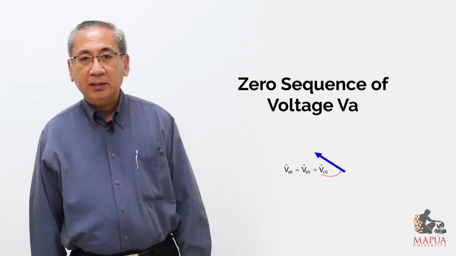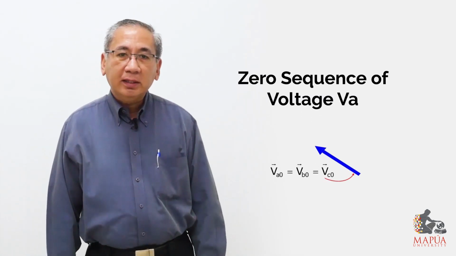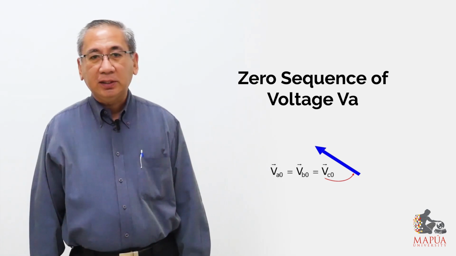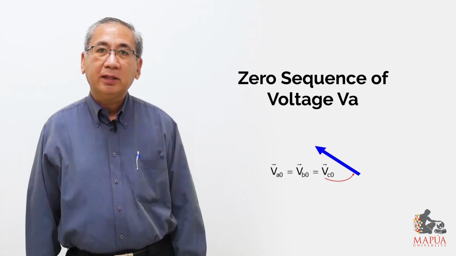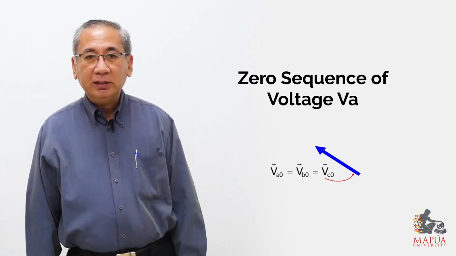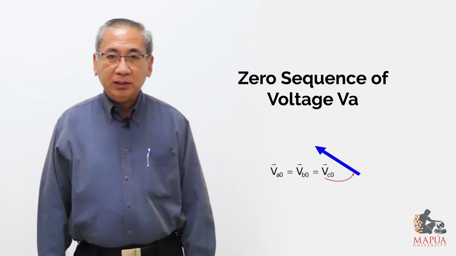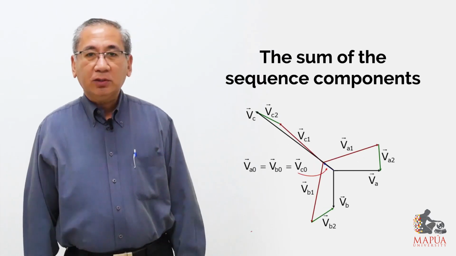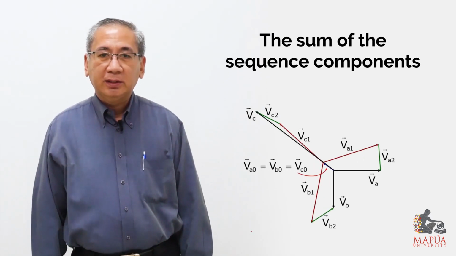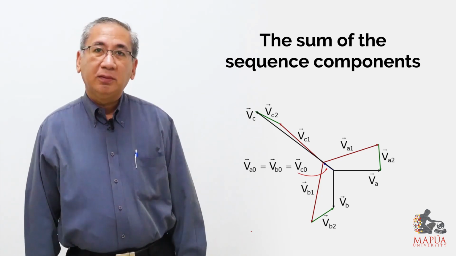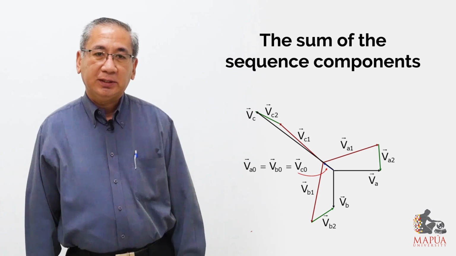And for the zero sequence voltages, VA0, VB0, and VC0 are equal in magnitude and directed in the same direction. Now, combining all these sequence voltages, the positive, negative, and zero sequence voltages, this figure shows the vector sum of the sequence components of the decoupled unbalanced phasors of voltages.